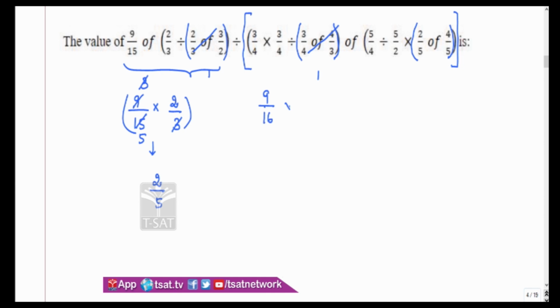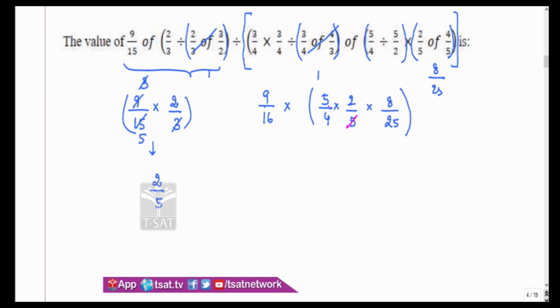Of means into. Now, see here, this is 5 by 4. Eight by 25, 5 by 2 means give priority to division. 5 by 4 into 2 by 5. Then after you have into 8 by 25.